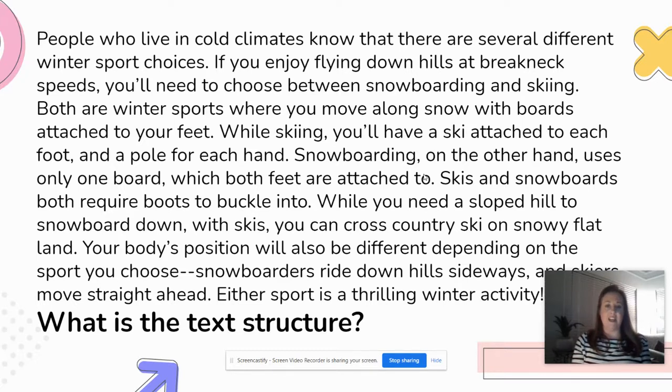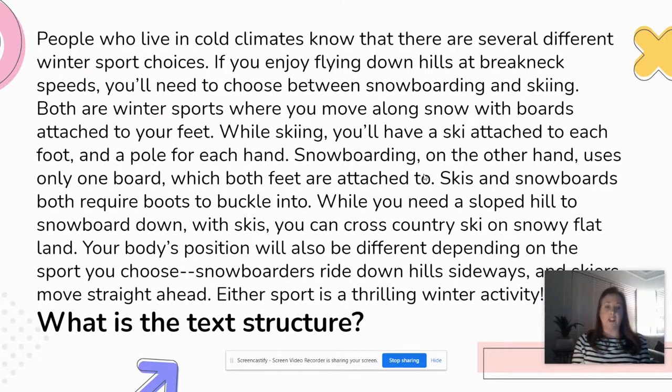While skiing, you'll have a ski attached to each foot and a pole for each hand. Snowboarding, on the other hand, uses only one board, which both feet are attached to. Skis and snowboards both require boots to buckle into. While you need a sloped hill to snowboard down, with skis you can cross-country ski on a snowy flat land.